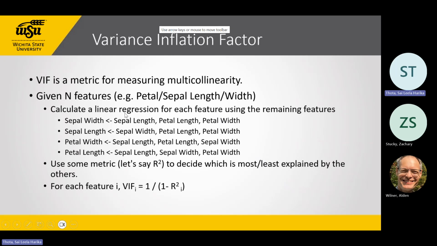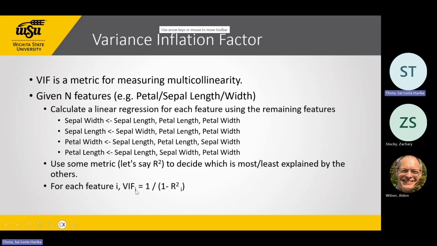For example, you are predicting the sepal width based upon the other features, you are predicting the sepal length based on sepal width, petal length and petal width, and you are predicting the petal width based on the other variables. So let us say we use a metric that is R square. I said correlation is denoted by R, and variance inflation factor is nothing but to decide which is most or least explained by the others.